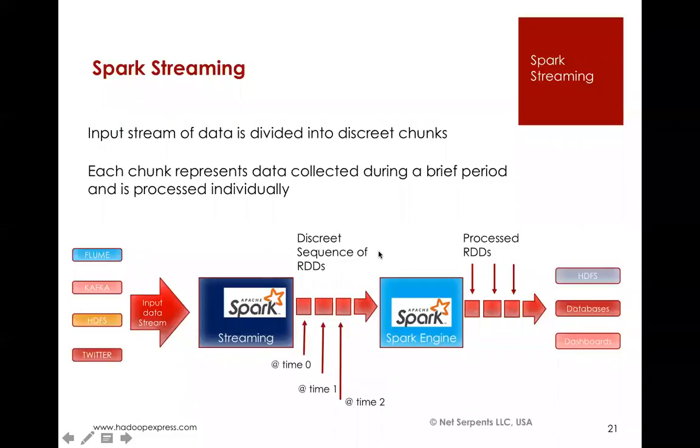Then you can divide that 1 terabyte into 1 meg data chunks, and those chunks will get processed in memory by Spark and then sent over for storage. So that's the way it works. But each chunk is separate from the other, and there's no overlap. Does that answer your question, Ravi?